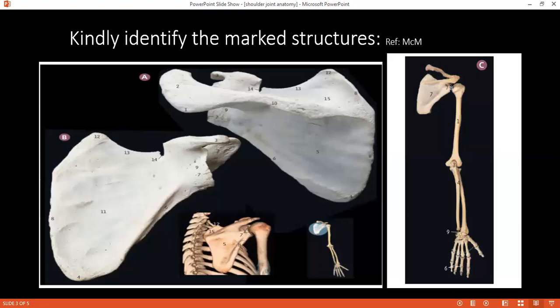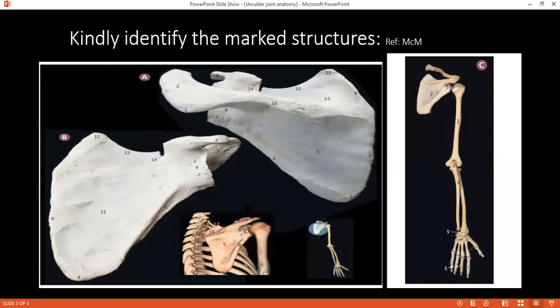Okay, good. You just mentioned the muscles of the rotator cuff. Can you please tell me the functions of each of these four muscles, and which nerves innervate them? Yes, ma'am. The supraspinatus muscle is used in abduction of the shoulder. The supraspinatus muscle is supplied by the suprascapular nerve.